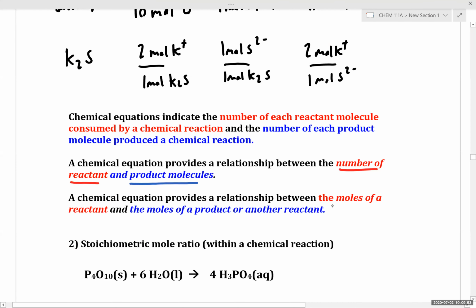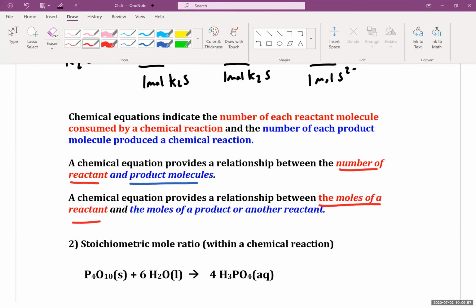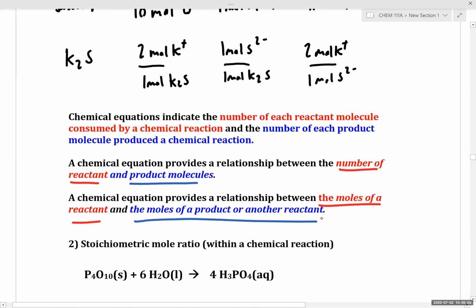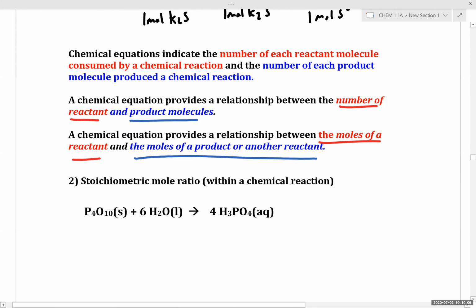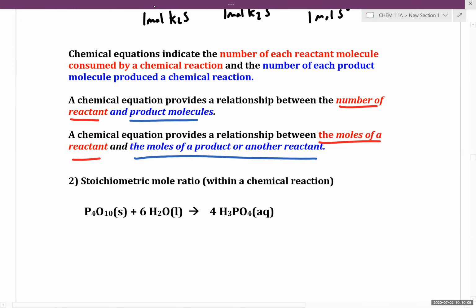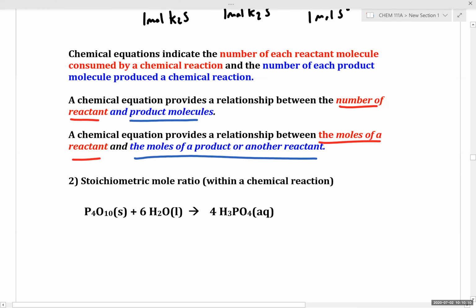So chemical equations also provide a relationship between the moles of a reactant and the moles of a product or another reactant, okay? So the stoichiometric mole ratio focuses, rather than on the subscripts, on the numbers in front. It focuses on our coefficients.